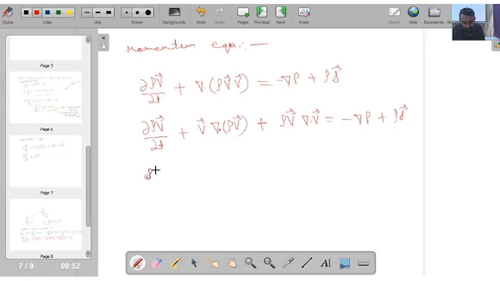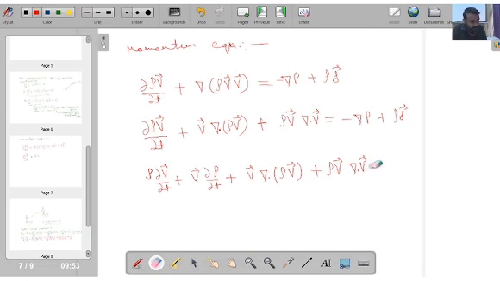If I split the first term, then it becomes rho times del v vector by del t plus v vector times del rho by del t, then plus v vector times divergence of rho v vector plus rho v vector times divergence of v vector, equal to minus gradient of p plus rho f vector.